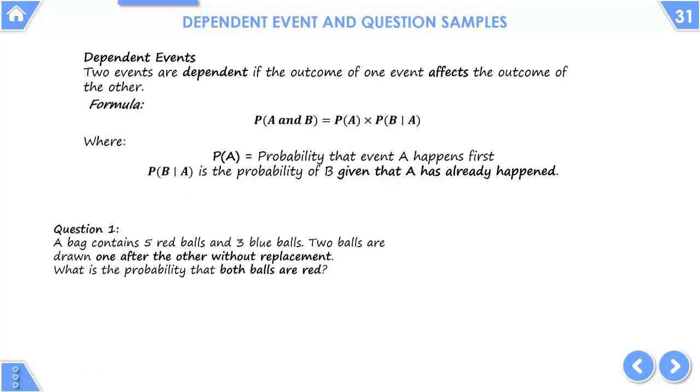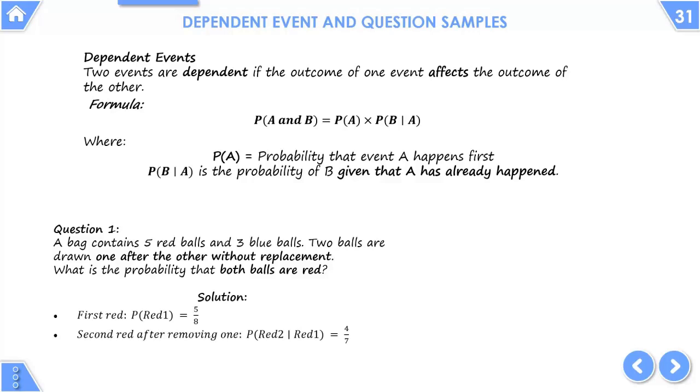So question 1. A bag contains 5 red balls and 3 blue balls. The balls are drawn one after the other without replacement. What is the probability that both balls are red? They are drawn without replacement, so when you draw the first one, it affects the chances of the second one. You have red balls 5 over 8.